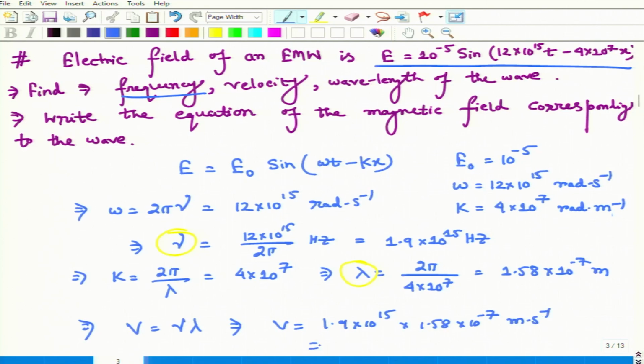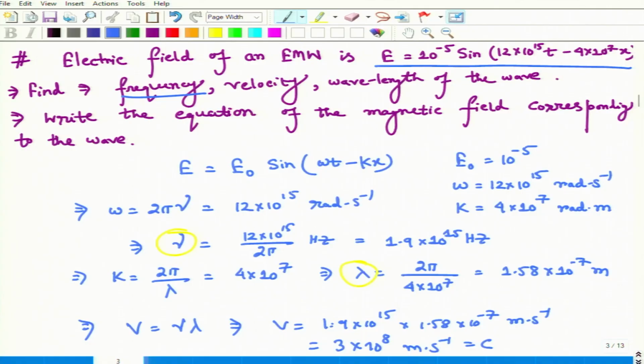If we put the value, then we will obtain around 3 into 10 to the power 8 meter per second. V is actually equal to c, the speed of light. That should be, because we know that for an electromagnetic wave, the velocity is equal to the speed of light, which is 3 into 10 to the power 8 meter per second. Okay, so it is the velocity. So first part is done.